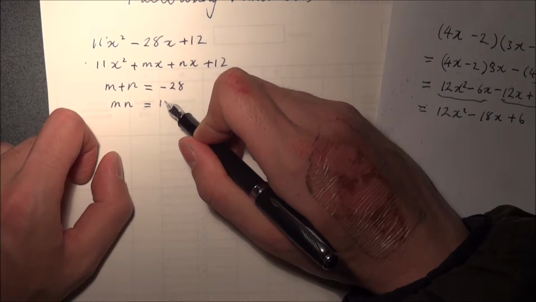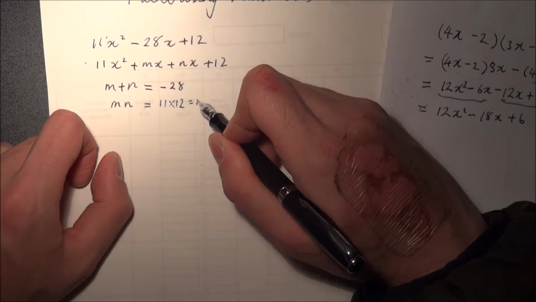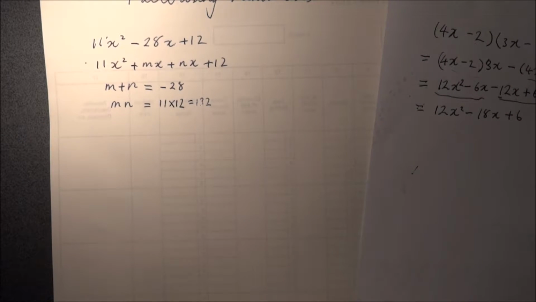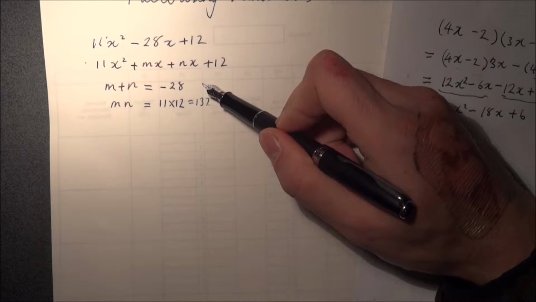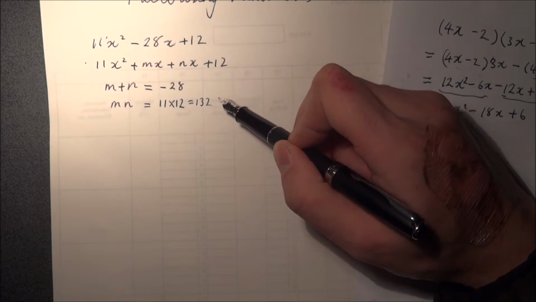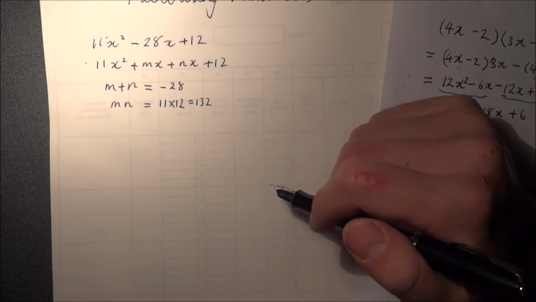So we multiply them, which is 132. So what you are looking for now are two numbers, m and n, that add up to negative 28, and whose product is 132.